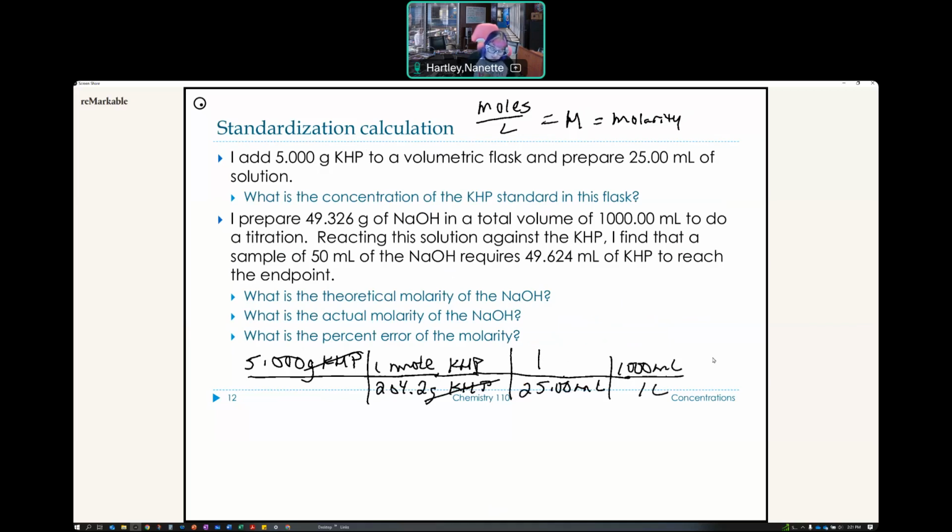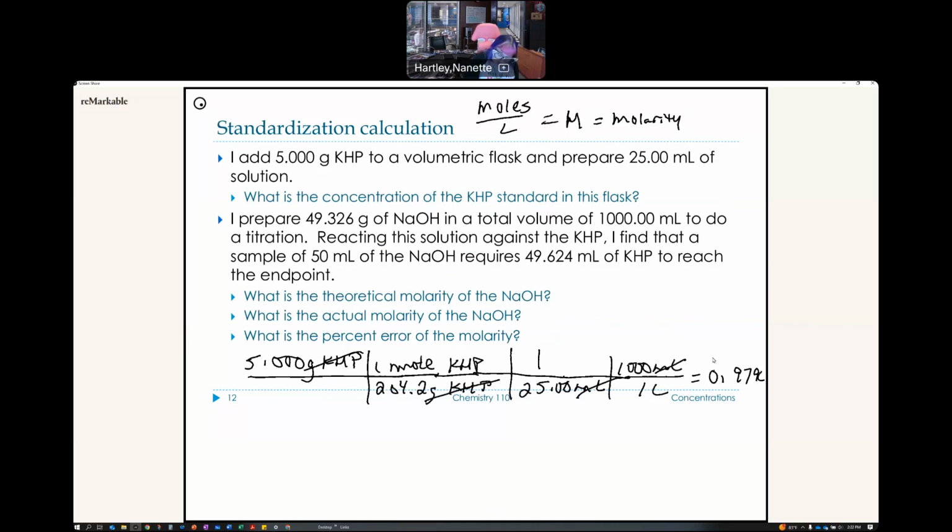And I do all of this happy math. 5.000 divided by 204.2 divided by 25 times 1,000, that gets me 0.9794.